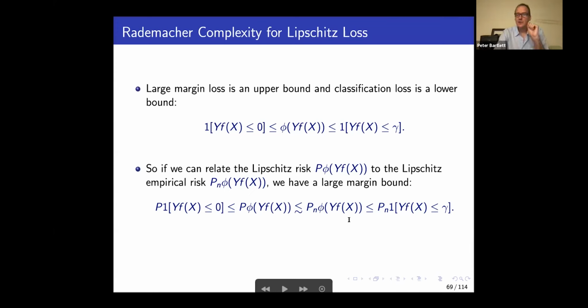And then that quantity, phi, is upper bounded by this indicator for the margin loss. And so sample averages of phi are certainly no more than sample averages of these indicators. So as long as we can control the relationship between this expectation and its sample average, then we've got an upper bound on the probability of misclassification in terms of the proportion of examples that don't have this nice big margin of gamma.